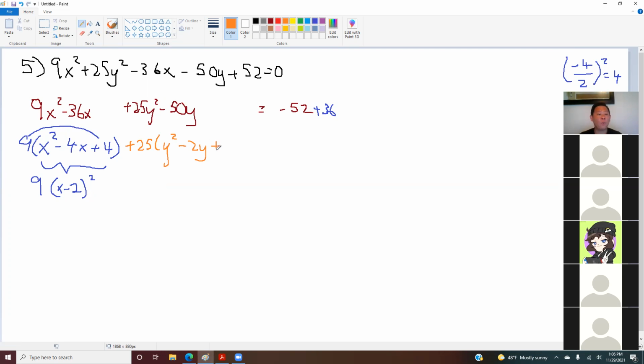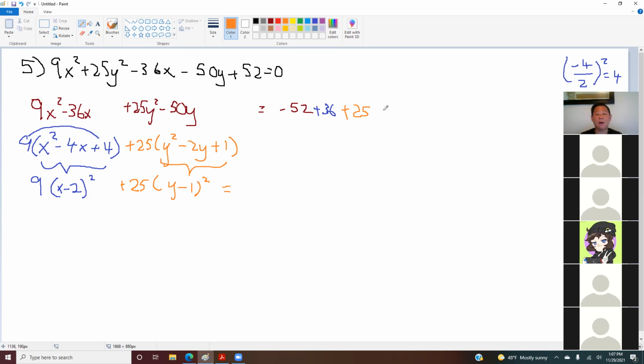So I will add 1 here, but what will I add on the other side? 25. So this will give me a positive 25. And this factor becomes y minus 1 squared. And the -1 is again half of the -2.